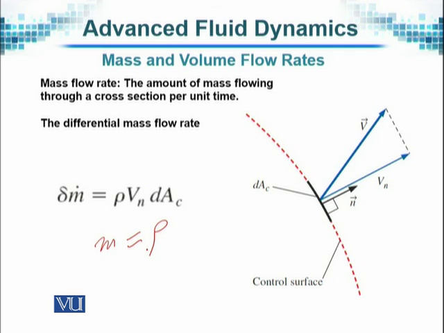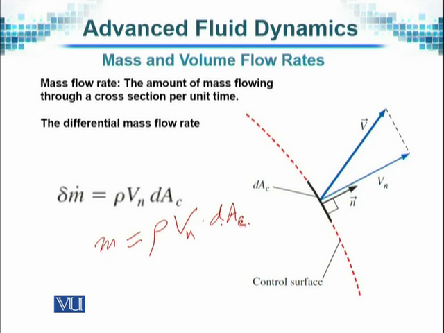Mass per unit volume. So if we have to calculate the total mass, then that will be rho, which is per unit volume, times the volume, Vn times dAc. Because volume is calculated by multiplying the area by the height.